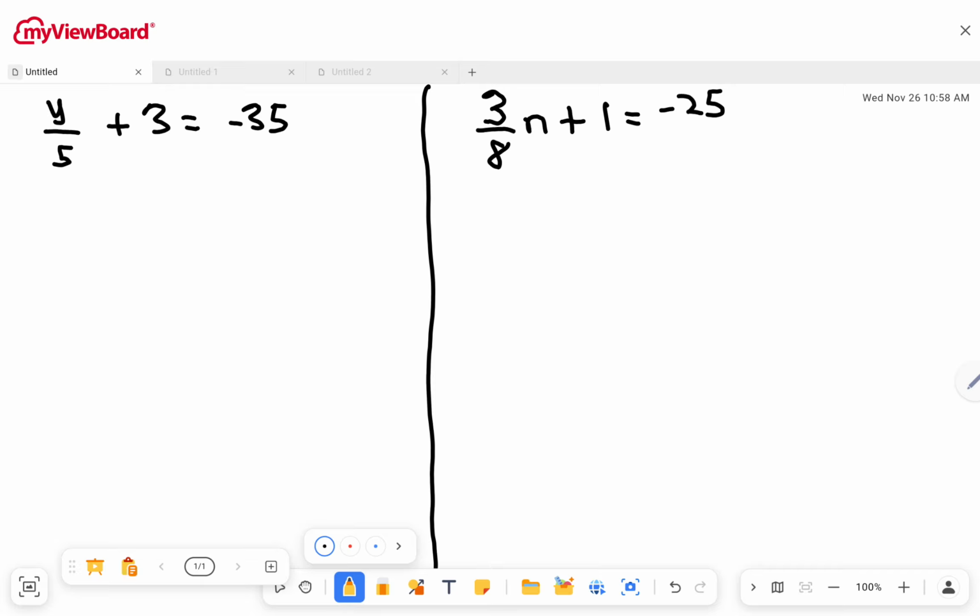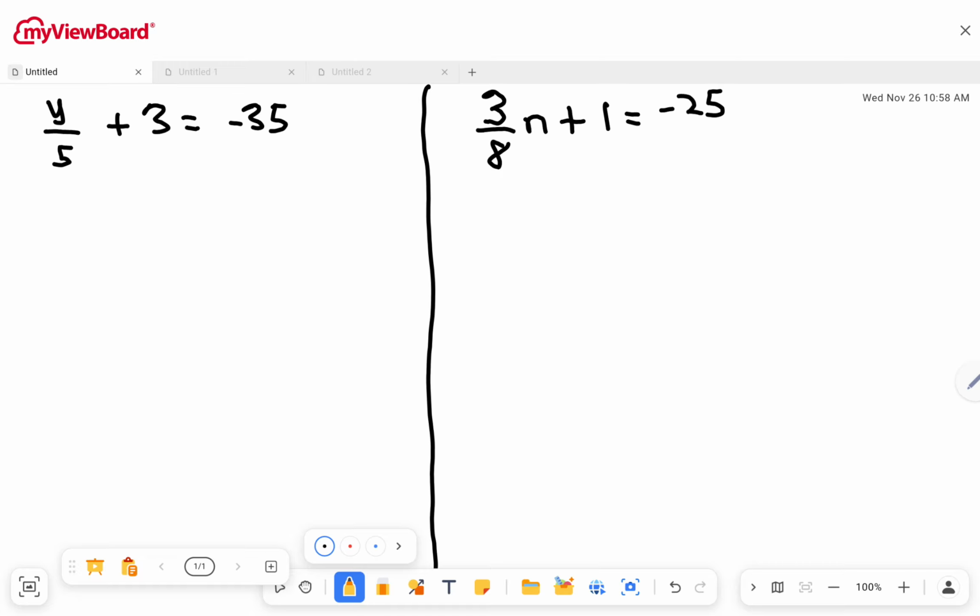For this question, we have 2 ways that you can use to solve this question. And each of them is the best method depending on your situation. So I'm going to use the first method.